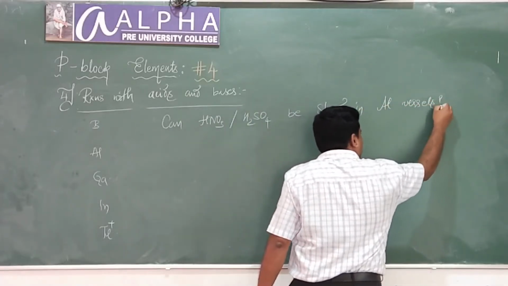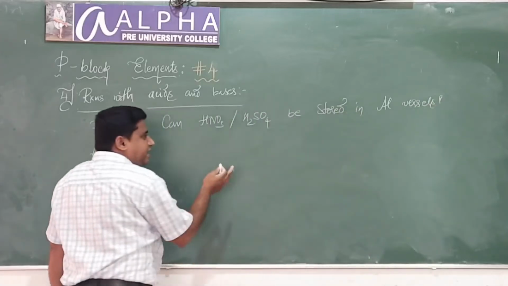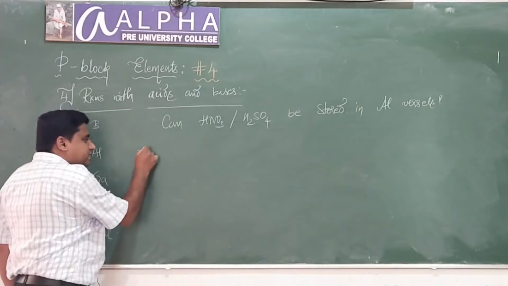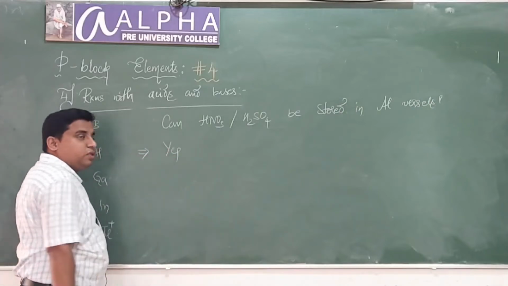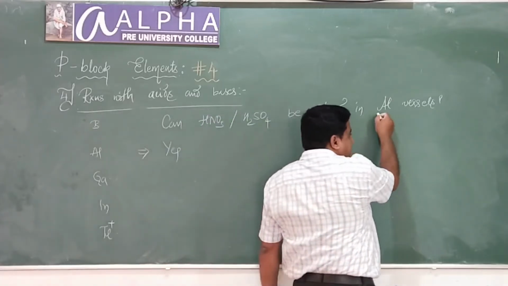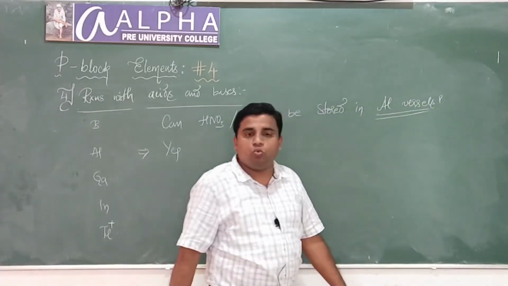What is the answer? Can nitric acid or sulfuric acid be stored in aluminium vessel? The answer is yes. Concentrated nitric acid and concentrated sulfuric acid can be stored in aluminium vessel.